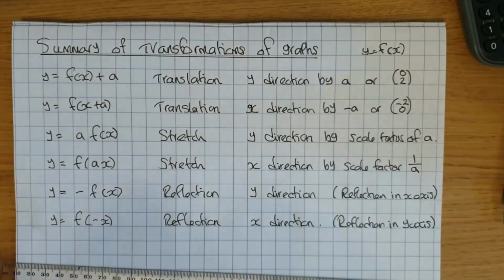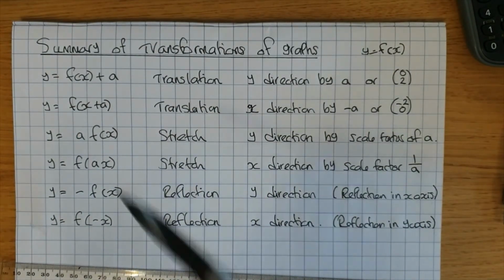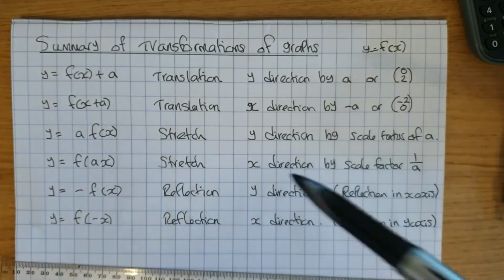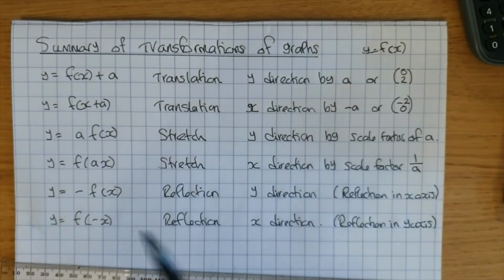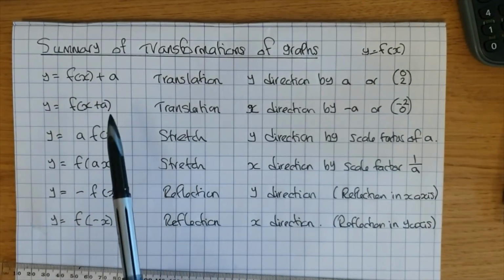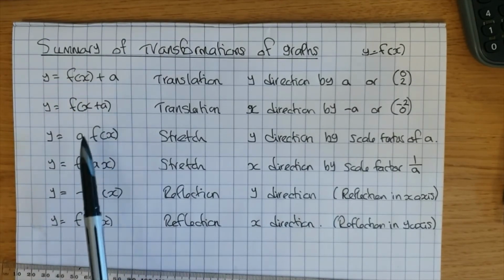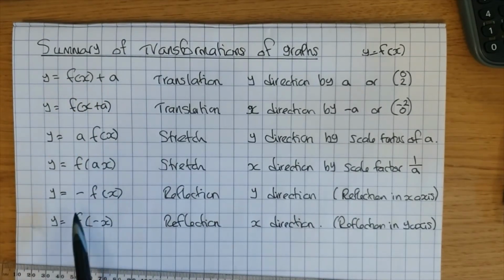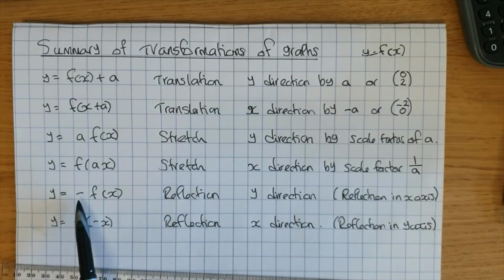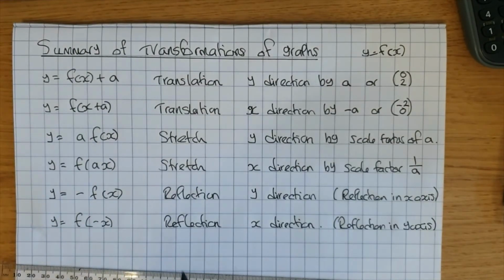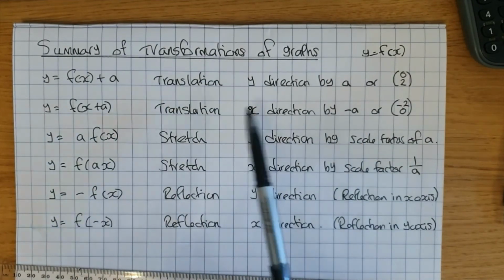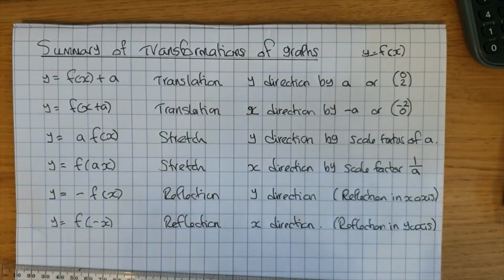And that summarises, at GCSE, everything you need to know about the transformations of graphs. Those are the 6 rules you need to know. As I've said repeatedly throughout this video, if whatever you're doing is outside the function, plus a, times a, or a negative outside the function, minus f of x, that means that it's going to be in the y direction and it does what you expect.